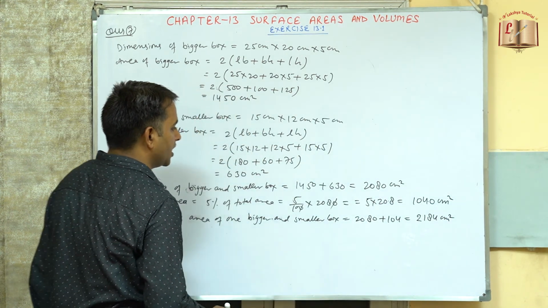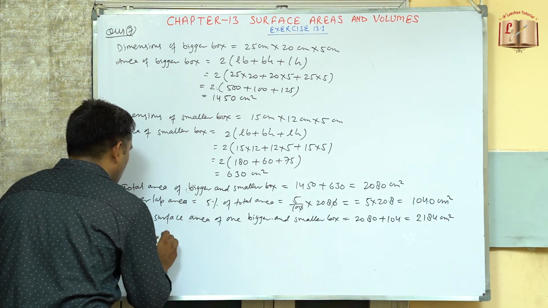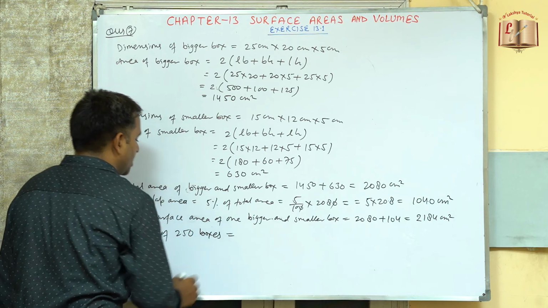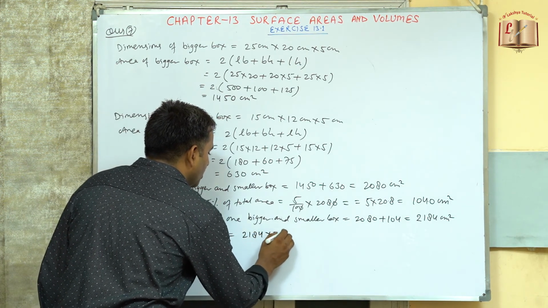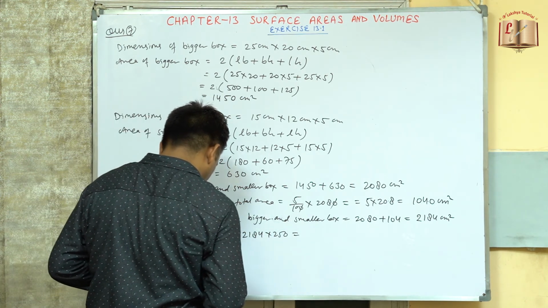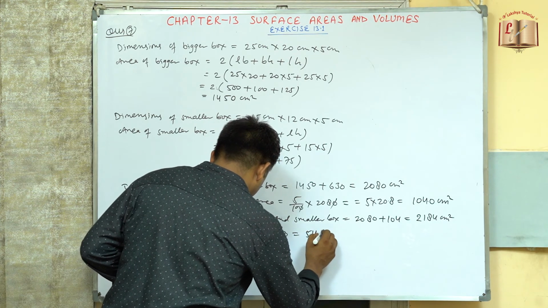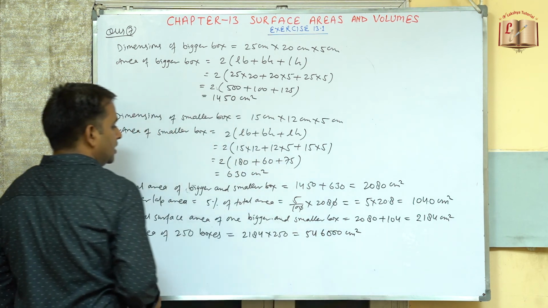So now we need to find out the area of 250 boxes. So area of 250 boxes will be 2184 into 250, which equals 546,000 centimeter square.